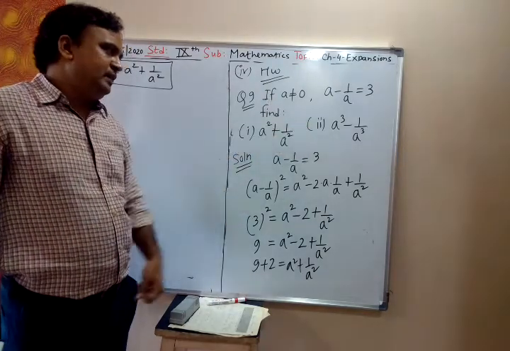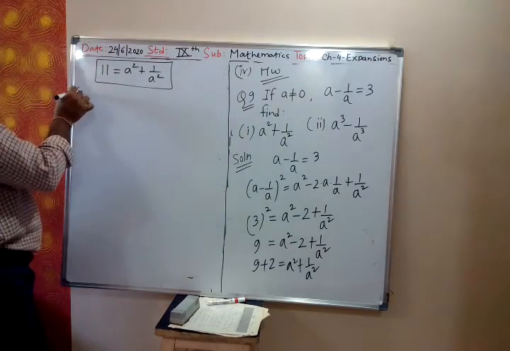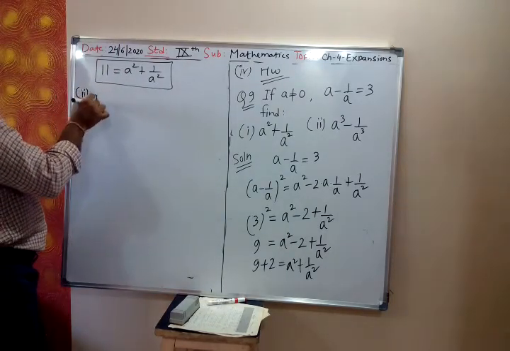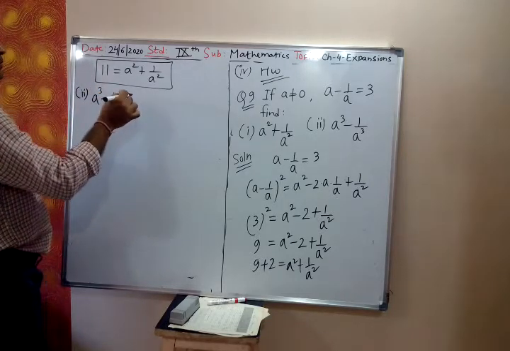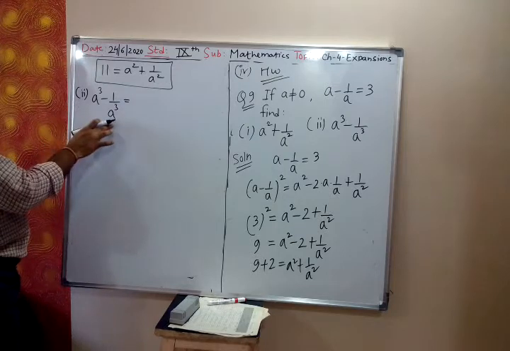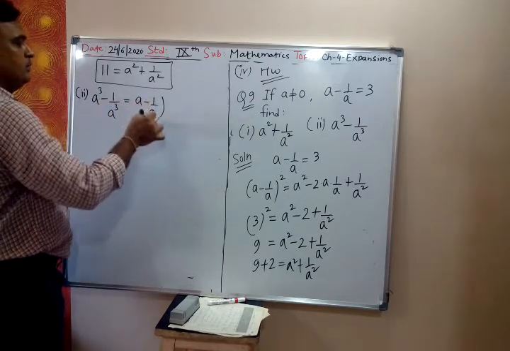Now we want to find the second part, A cube minus 1 upon A cube. We use the direct formula for A cube minus 1 upon A cube. We write A minus 1 upon A whole cube.